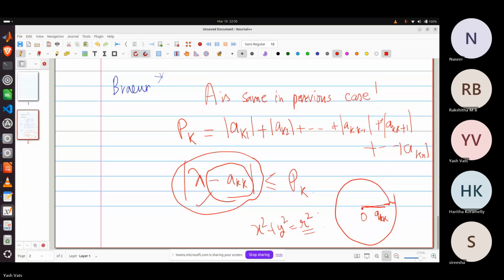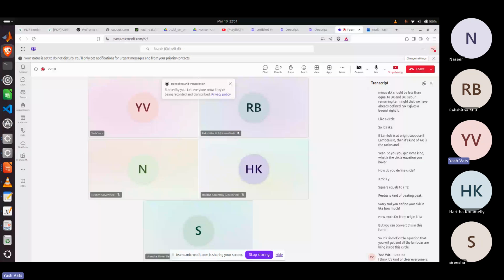The radius is Pk, sorry, and you define your akk as how far from the origin it is. You can convert this into that form, so it's a circle equation that you will get, and all the lambdas are lying inside this circle. I think it's clear. Everyone is okay?